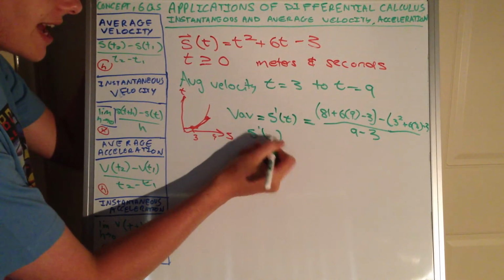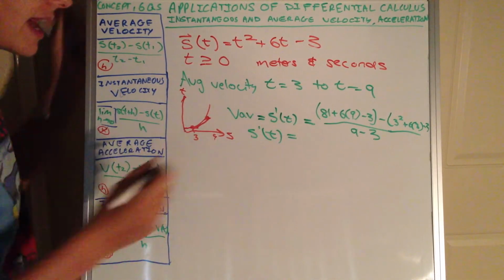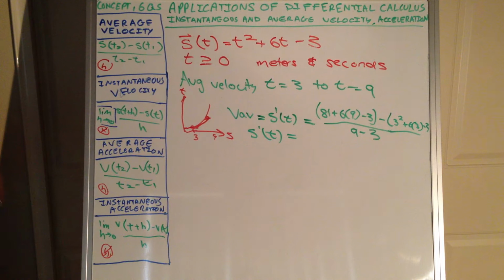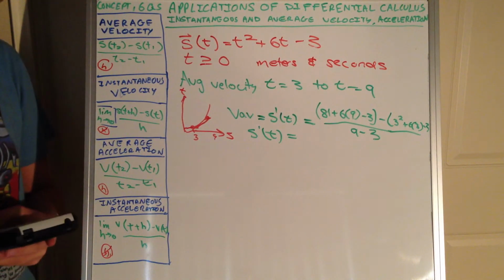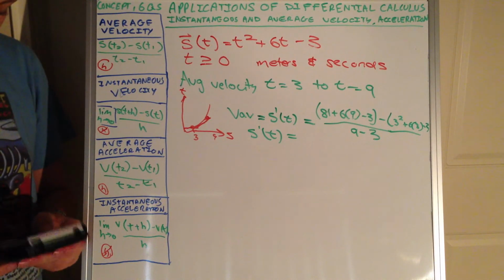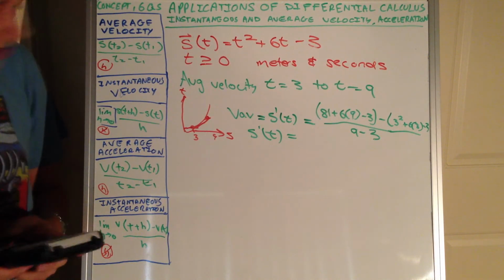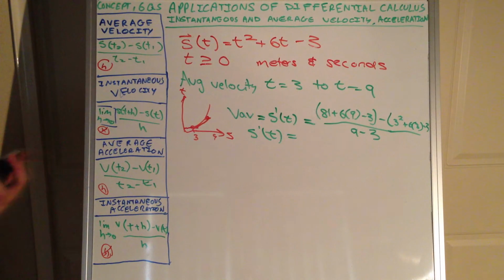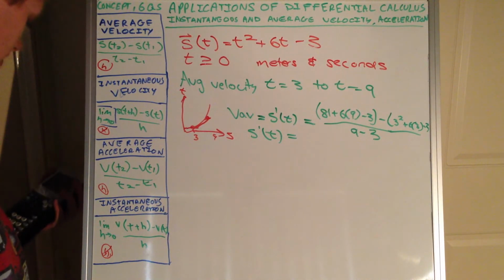Then we need to find our s prime of t, and to do that, we can do the arithmetic there, which would be 81 plus 54 take 3, and if you're like me and you just want to double check to make sure you're not making any silly mistakes, then you can use your calculator to be able to do so, and you should get 132.